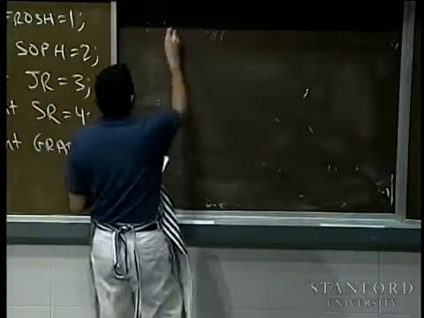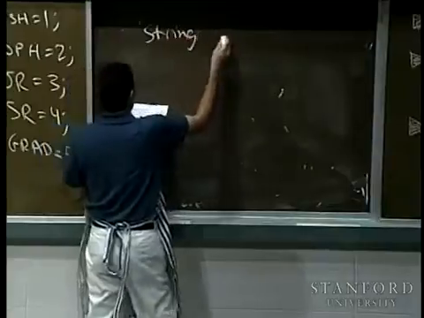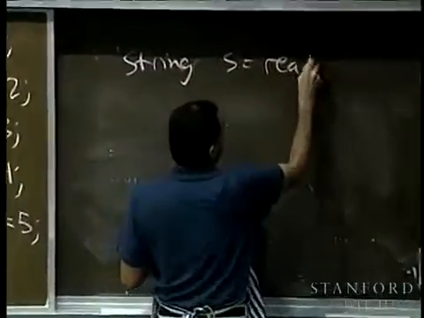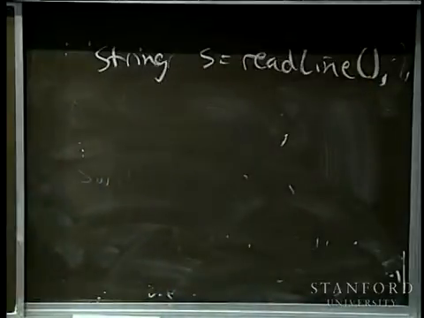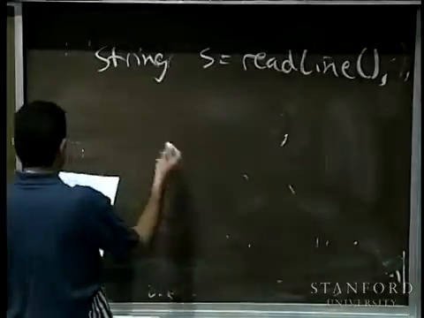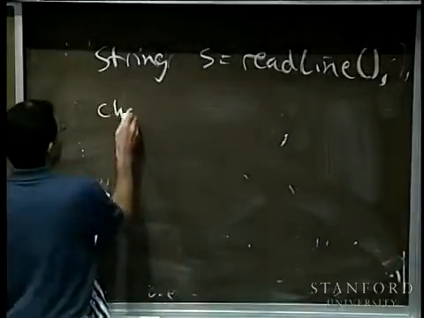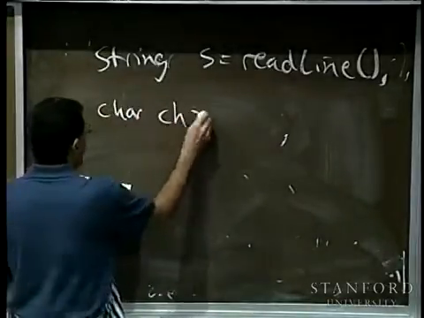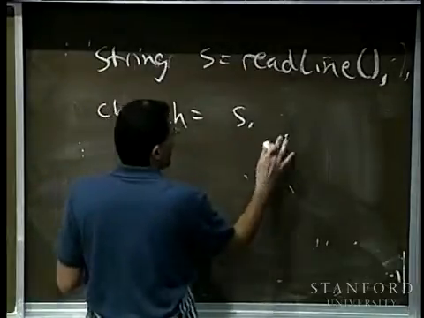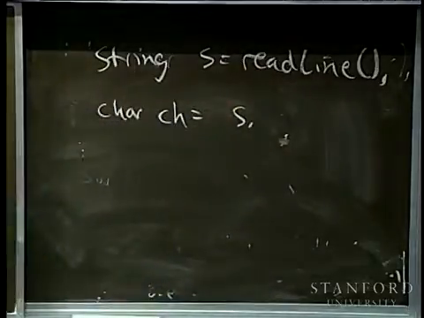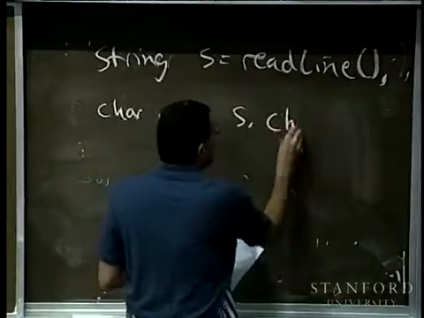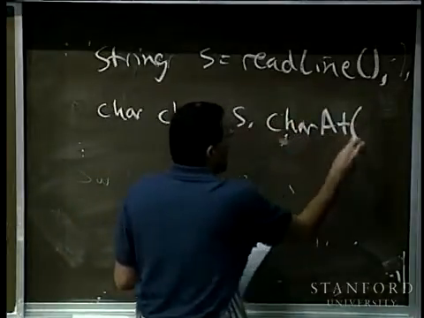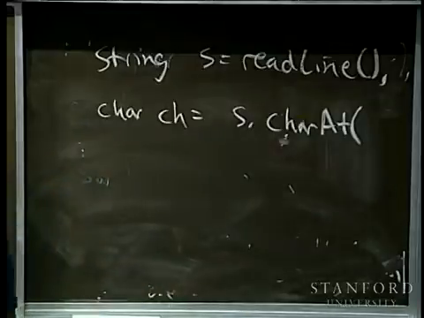So I'm going to have some string, and that string s, I would read a line from the user, and that's going to be a whole bunch of characters stored inside that string s. And now I can pull out individual characters using something called charAt. I can say char ch equals s dot charAt, and the string objects have a method called charAt, and you give it a number, and it gives you the character at that position.